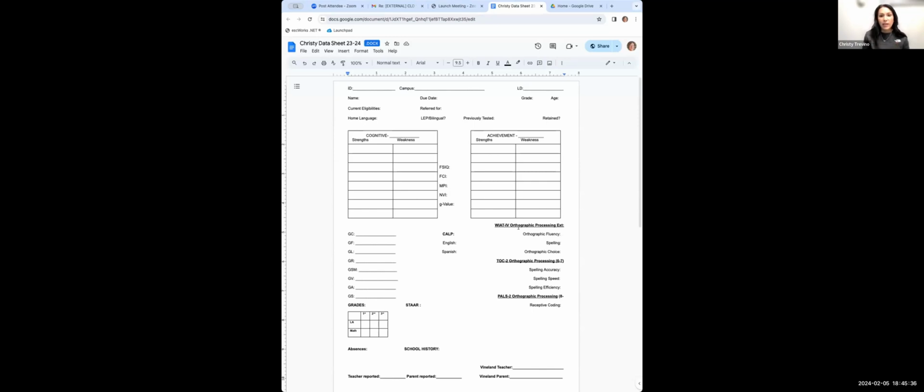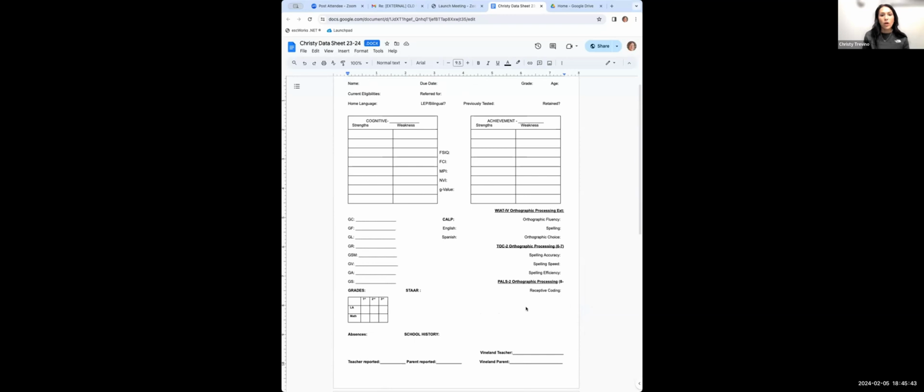This is information that I gather before I test any student. Number one, I want to know when it's due because I don't want to miss a timeline. I want to know, have they been tested before? What is their home language?